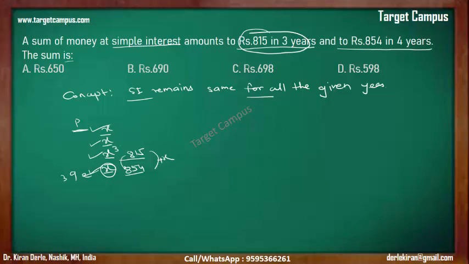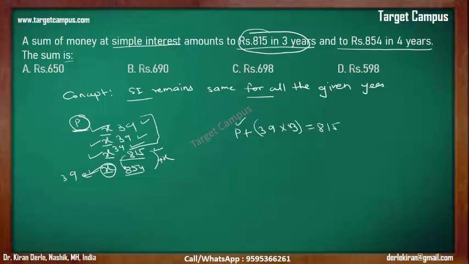So here 39 is the interest. Whatever the basic principal was, this guy has got 39 for the first year, 39 for the second year, 39 for the third year as interest, and then it became 815. So principal plus 39 for 3 years becomes 815.